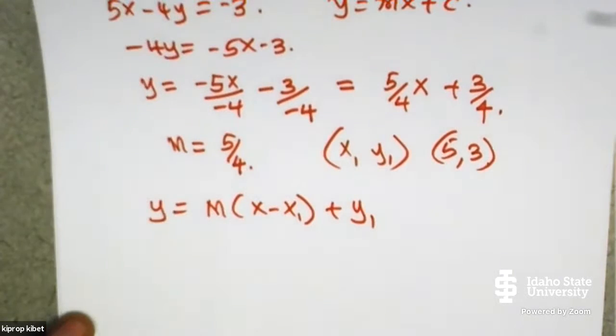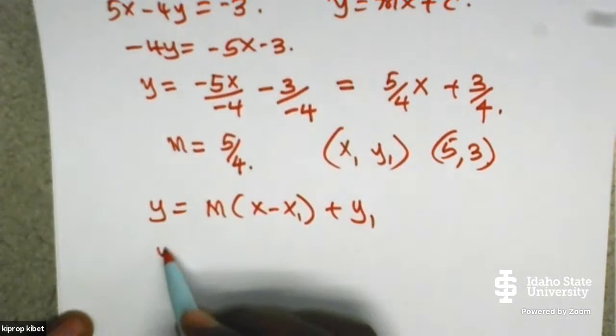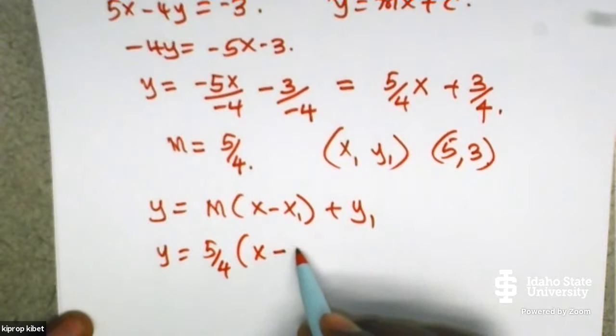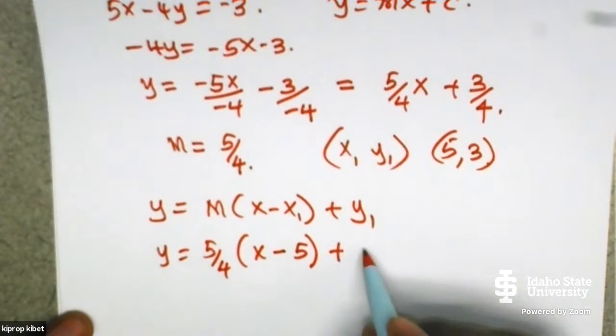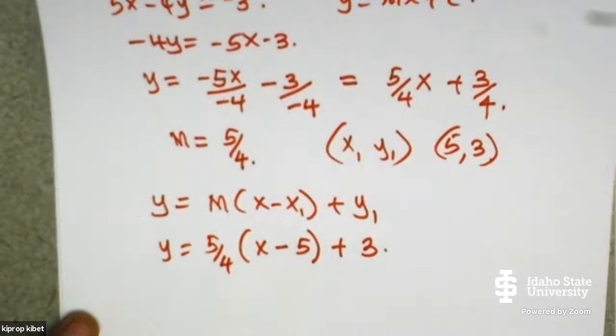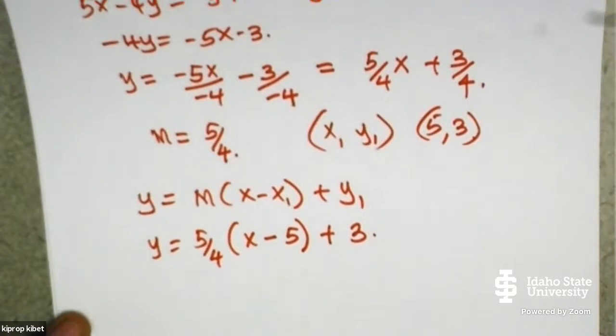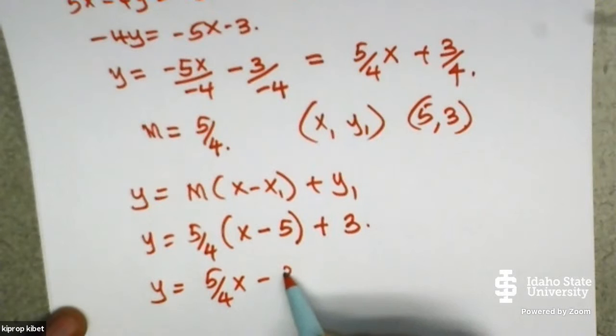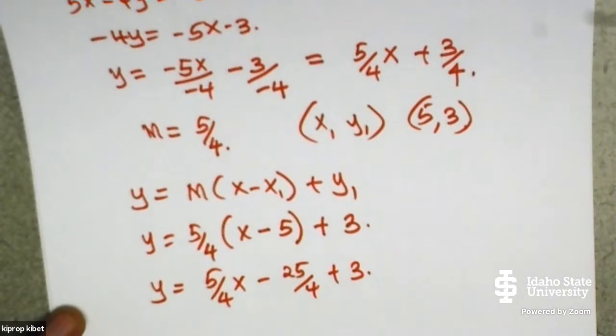So we just substitute here. y equals 5 over 4 times (x minus 5) plus 3. You can just leave it like that. Or you continue. So y equals 5 over 4 x minus 25 over 4 plus 3.